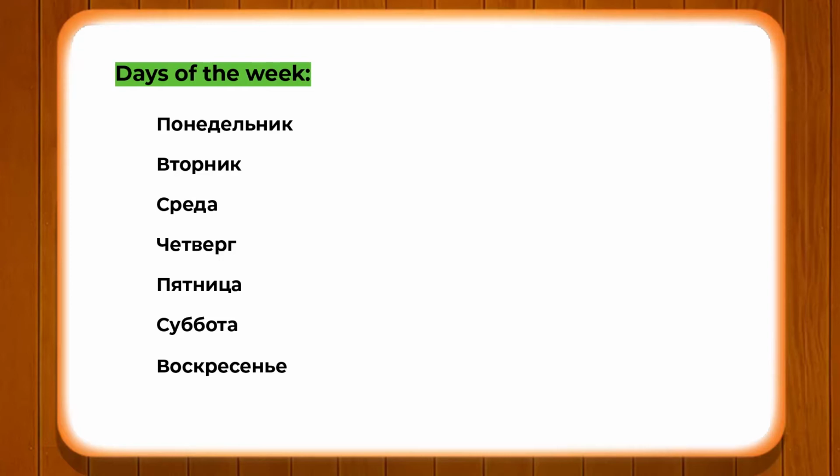Now let's use сегодня. Suppose I want to say today is Monday, I have this sentence: сегодня понедельник. Сегодня понедельник, сегодня вторник, сегодня среда, сегодня четверг, сегодня пятница, сегодня суббота, and сегодня воскресенье.